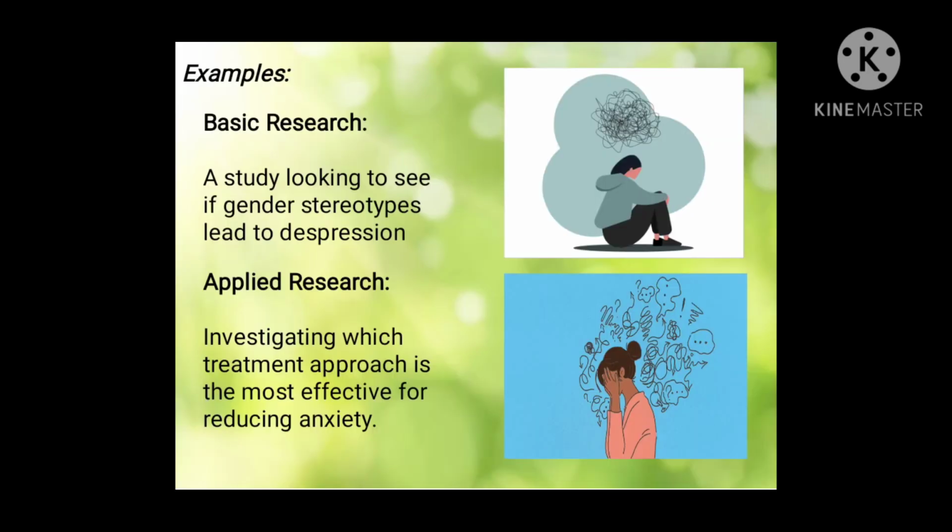I have provided examples of basic research and applied research for further information. An example of basic research is a study looking to see if gender stereotypes lead to depression. In applied research, an example is investigating which treatment approach is the most effective for reducing anxiety.